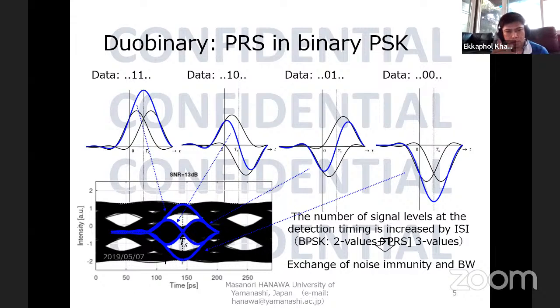It results in some power penalty on the BER characteristic. In this case, maybe 2.7 or 2.5 dB power penalty would be introduced. The merit is narrowing the transmission bandwidth. In this case, we can make the bandwidth half of the basic binary PSK case, but we need more power.